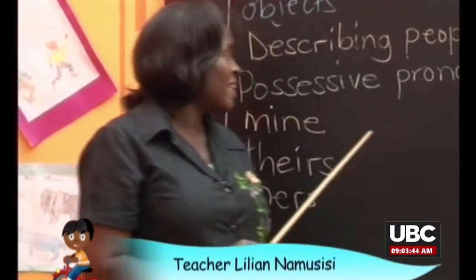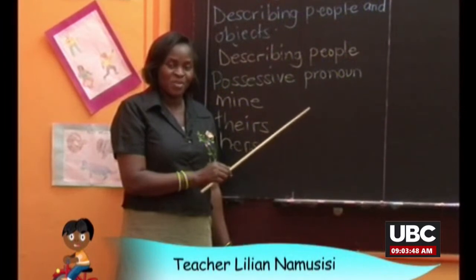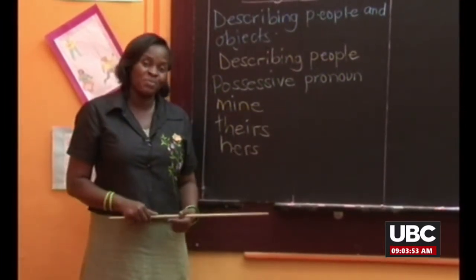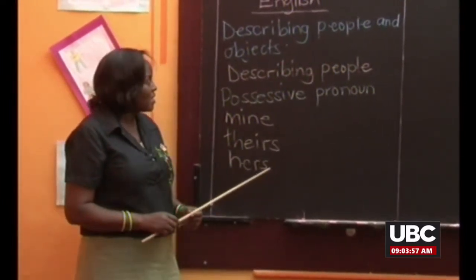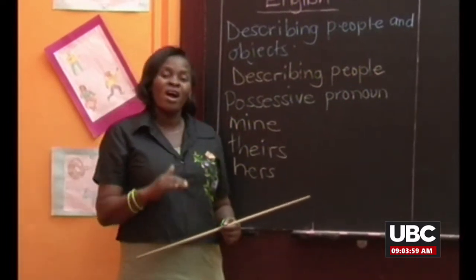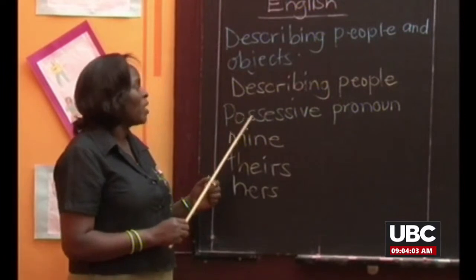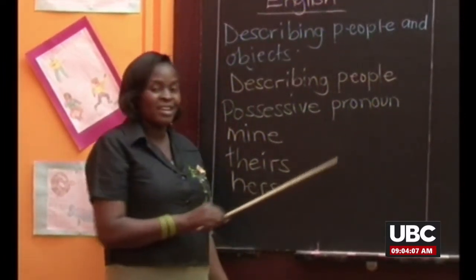Today, we are looking at the possessive pronoun. We first of all looked at the pronoun and we said, what is a pronoun? Somebody gave us a nice answer by saying that a pronoun is the word used instead of a noun. And what are we doing? We are trying to describe our nouns. That's why we are bringing in the pronoun.